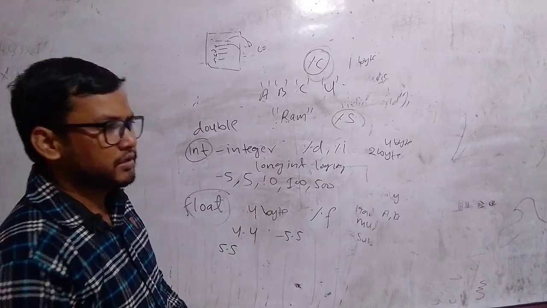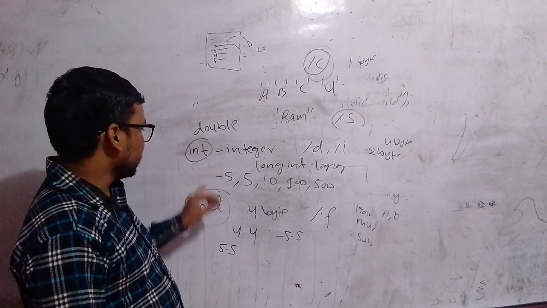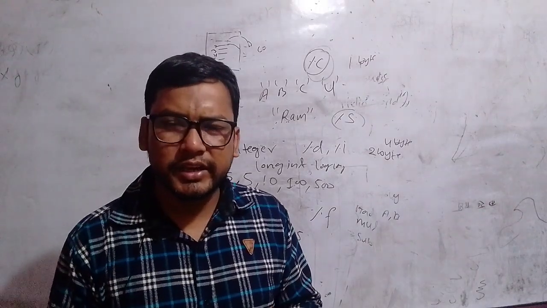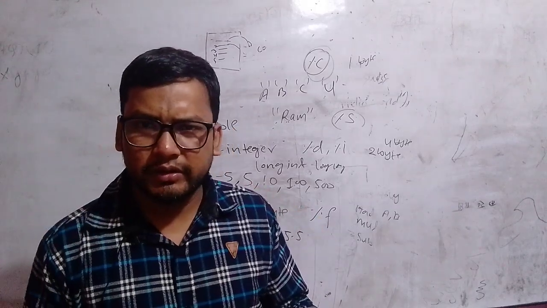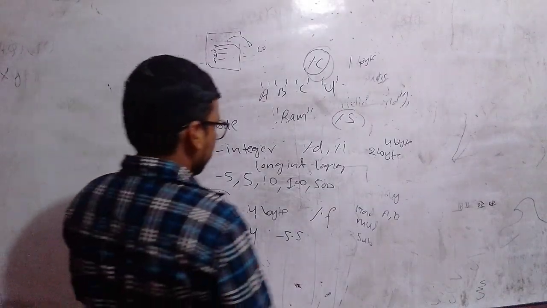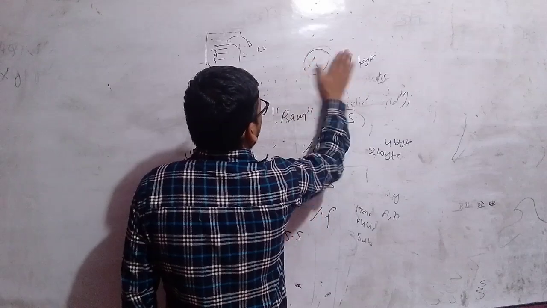Also, we can use these according to our requirement, but the most common data types are integer, float, and character, which represent how much space it takes in memory and what type of data is stored.